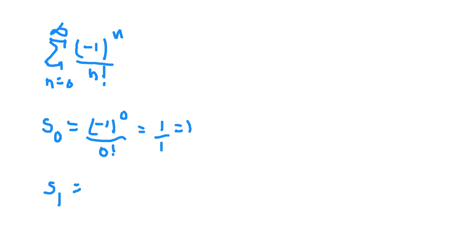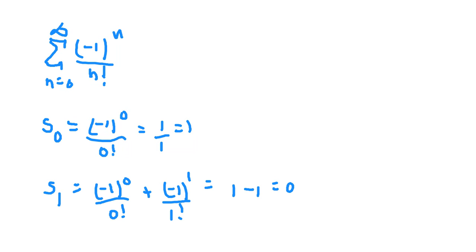Then S sub 1 would be -1 to the 0th power over 0 factorial plus -1 to the first power over 1 factorial, and that would equal 1 minus 1, which is 0.